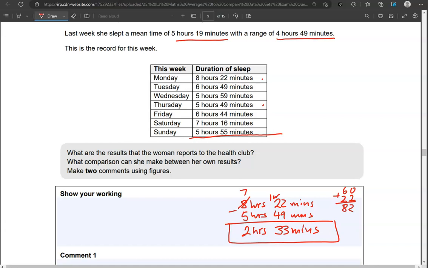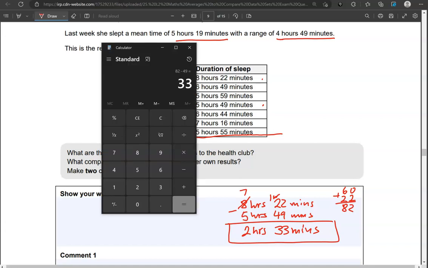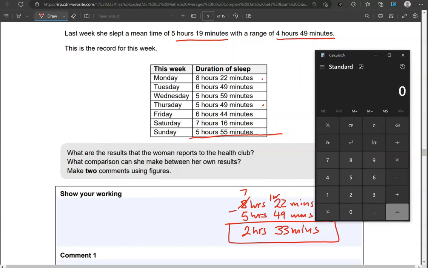So I'm going to add the minutes first. So we've got 22 minutes, add 49, add 59, add 49, add 44, add 16, add 55, which is 294 minutes.